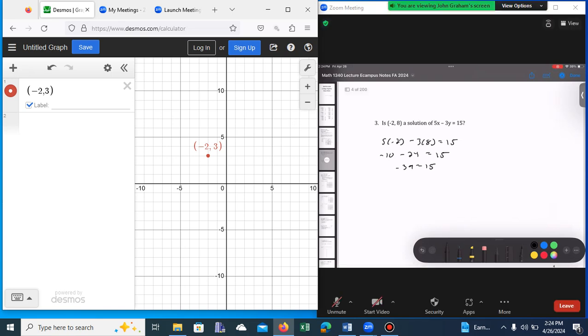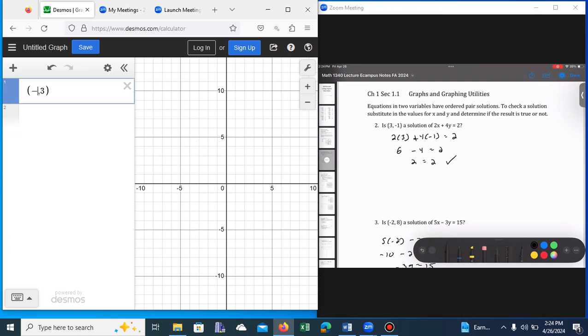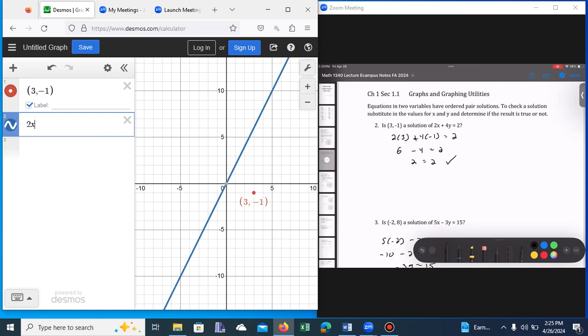Well, let's go back up to the first one. 3, -1. We type in the equation, 2x plus 4y equals 2. And to be equal, we see that 3, -1 is on the line of 2x plus 4y equals 2. It's one solution.